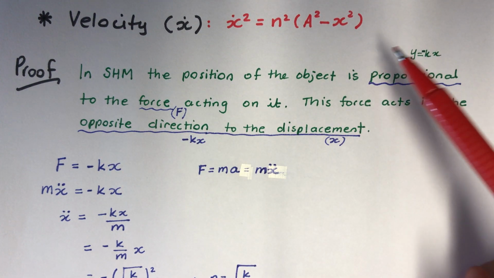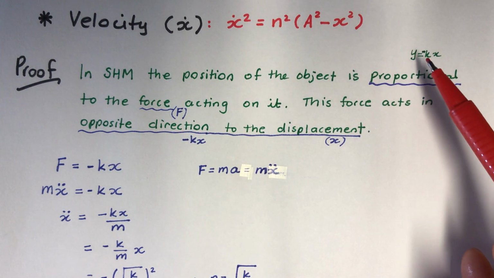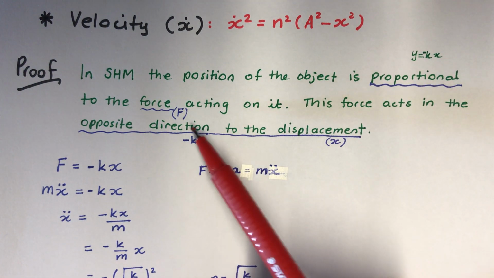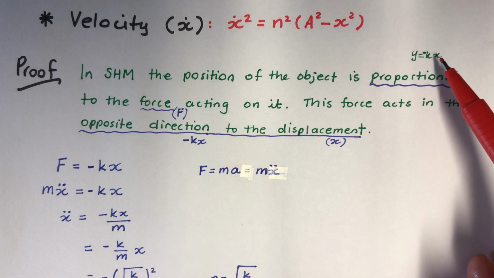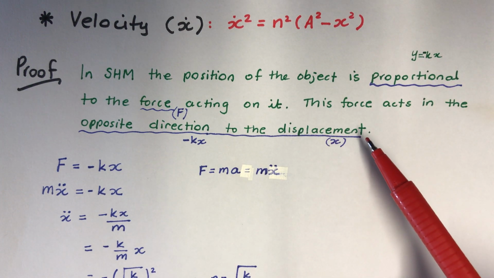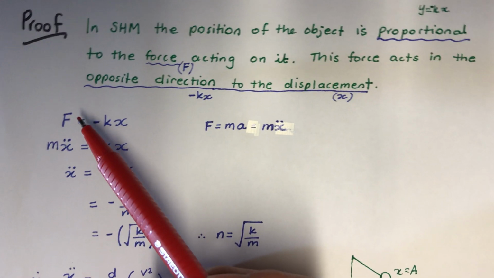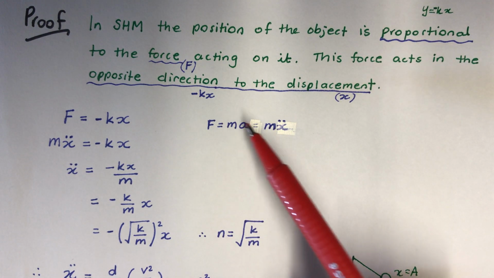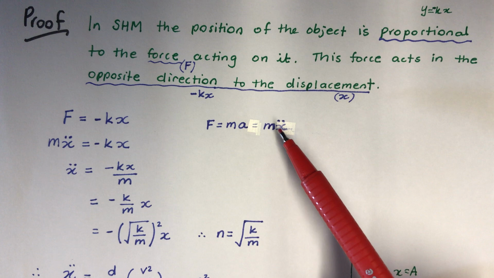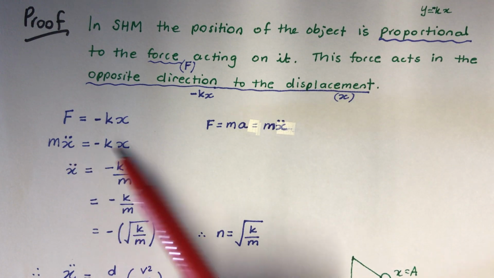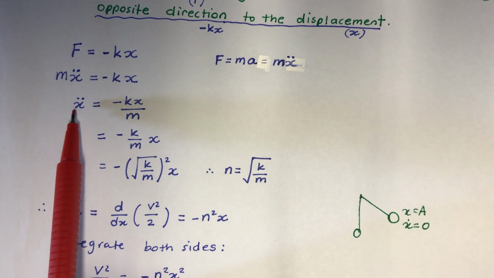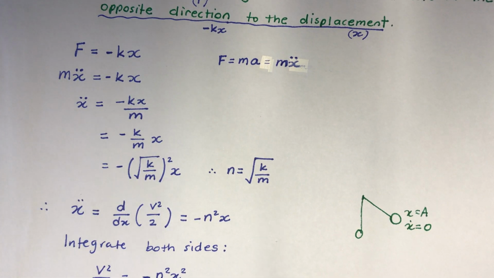Now, proportional means like y equals minus kx. It's a minus because it's opposite, okay? And I'll put the x there because it's displacement, all right? So therefore, force equals minus kx, but also force is ma, which is m x dot dot.